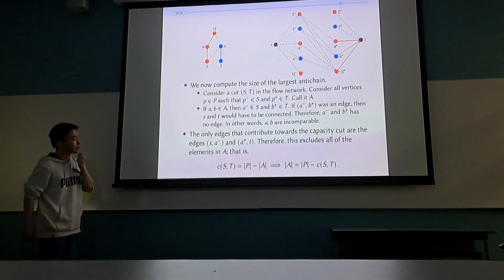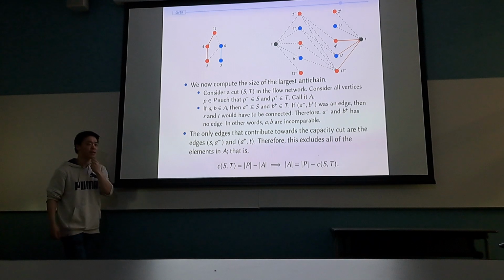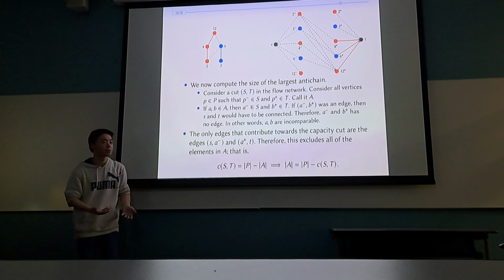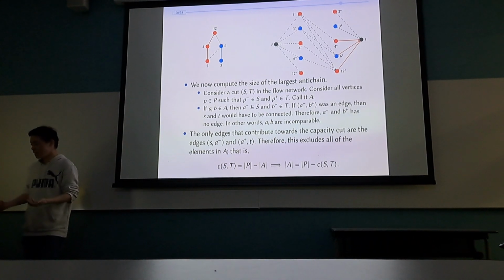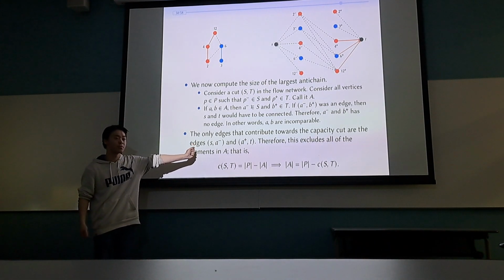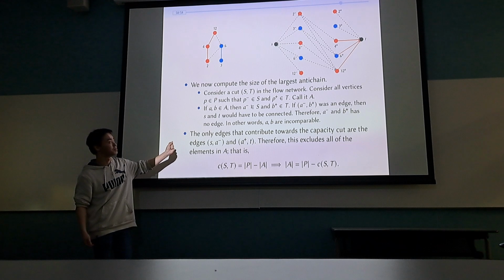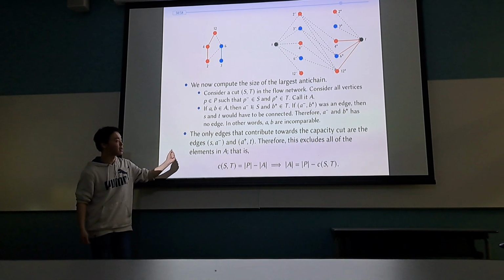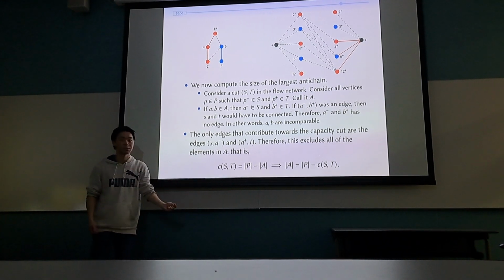Now, if I look at the minimum cut, the only edges that ever really contribute to my minimum cut happen to be all of the edges such that S and A minus forms an edge in my flow network, and A plus to T also forms an edge.